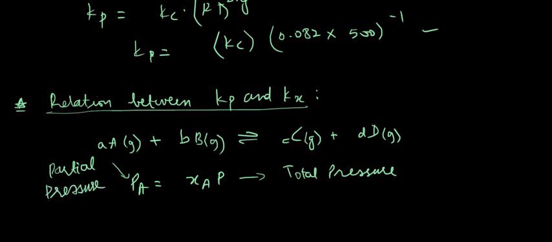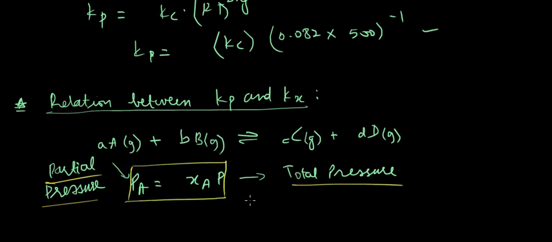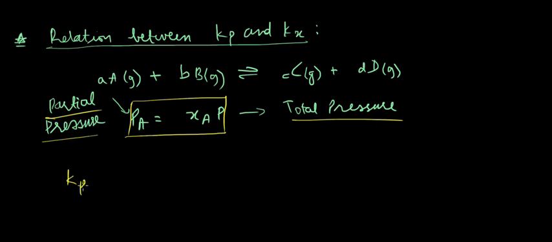So we know that Kp is partial pressure of C to the power c times partial pressure of D to the power d, divided by the partial pressures of A and B raised to their powers.